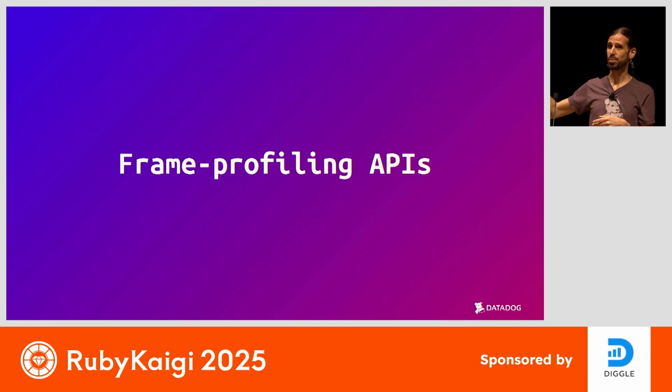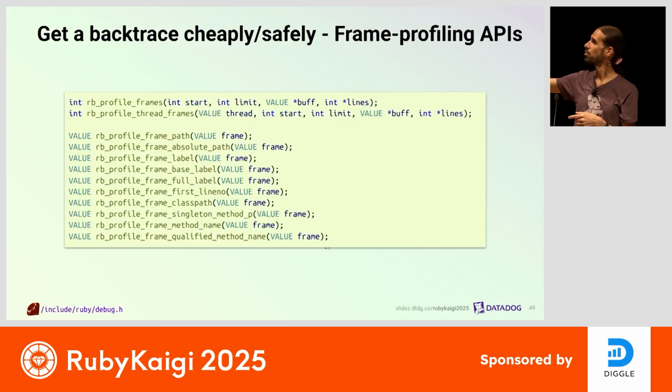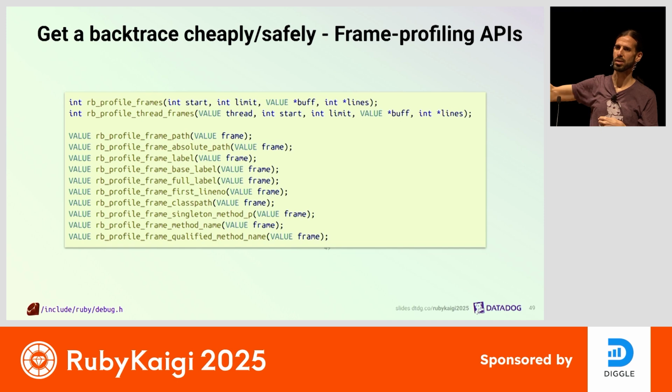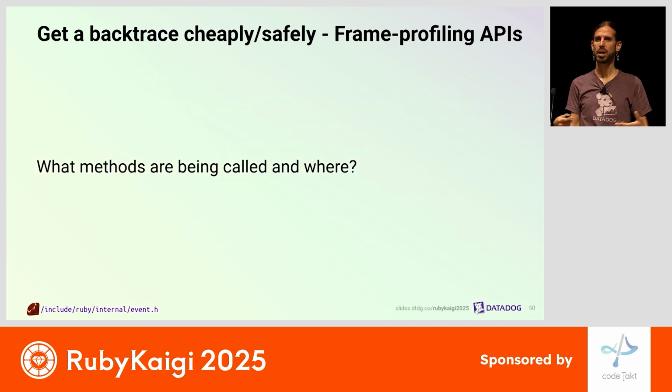Okay, let's go to the next one, the frame profiling APIs. There's a bunch of them, but basically the two at the top give you the current backtrace, and the ones at the bottom are just the C functions to get the information from the backtrace. This allows you to get the backtrace both cheaply and safely, and answer questions such as, what methods are being called and where?